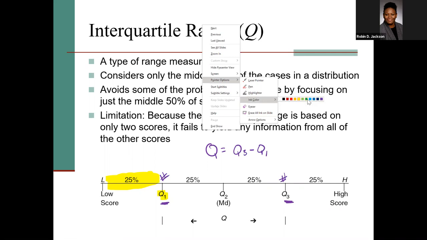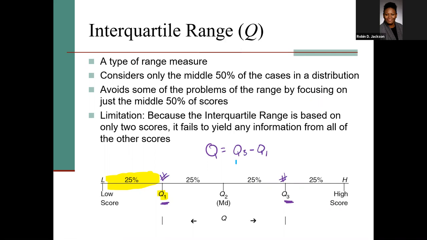Then for quartile 2, we're looking at the second quartile. This is the halfway point, or the median of the distribution. This is the point where 50% of cases fall below that number. So that I don't color over the yellow part, I'm just going to do this.